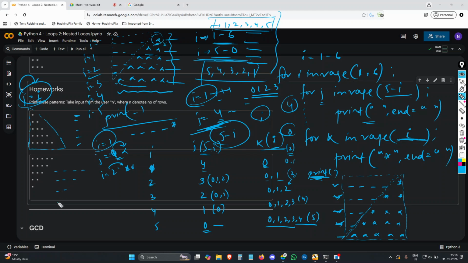Even though I need a space, do you not observe that this is also a pattern on its own, a pattern of spaces? I need to run a loop specifically for spaces, and then I will need another loop for running my stars. Got the idea?